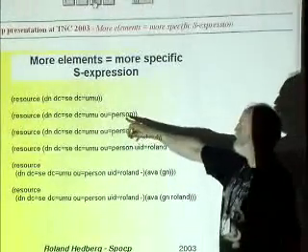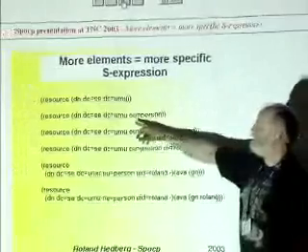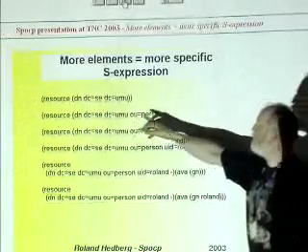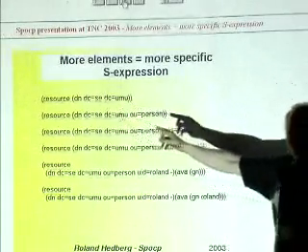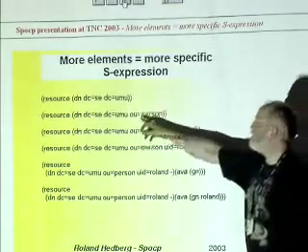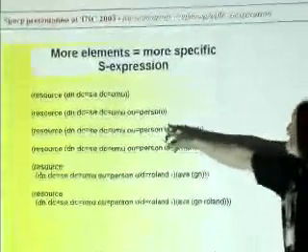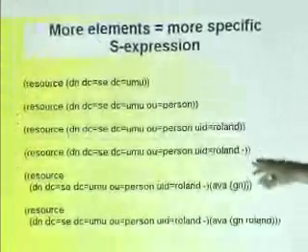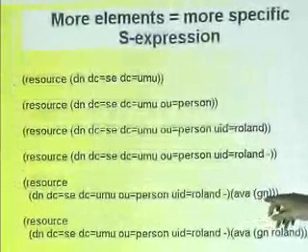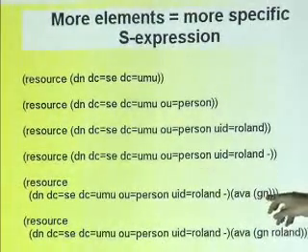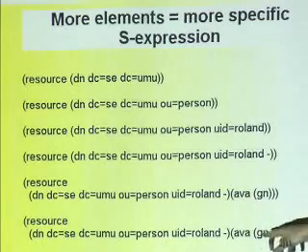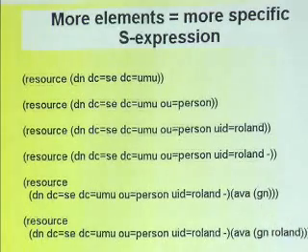And if you add another element, it's more specific. I mean, this is everyone within Umeå University. These are the persons within that. And this is a specific person. And if you go further, you have, for instance, the attribute definition, and you even get the value. So when you add elements, you get more specific.